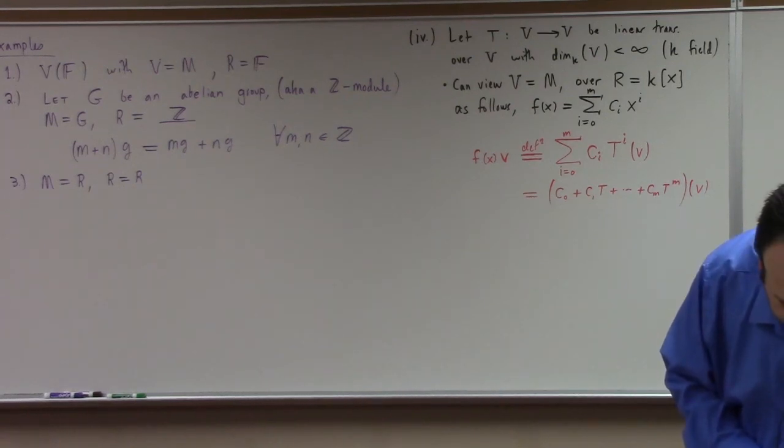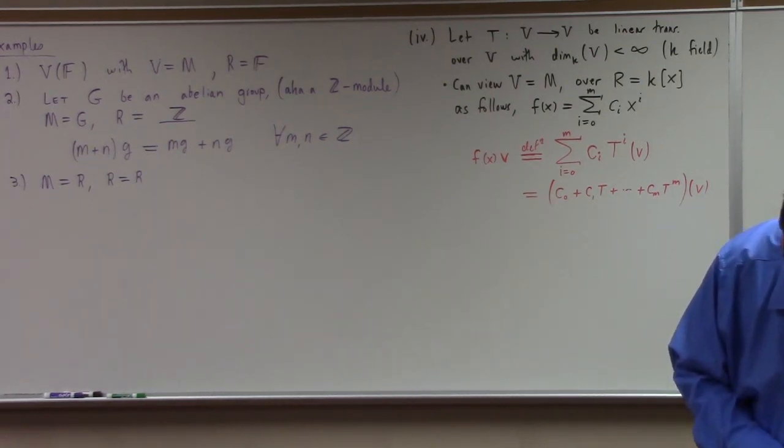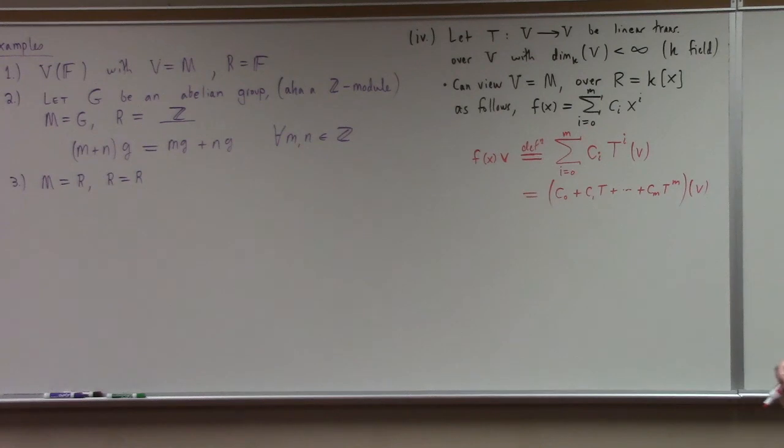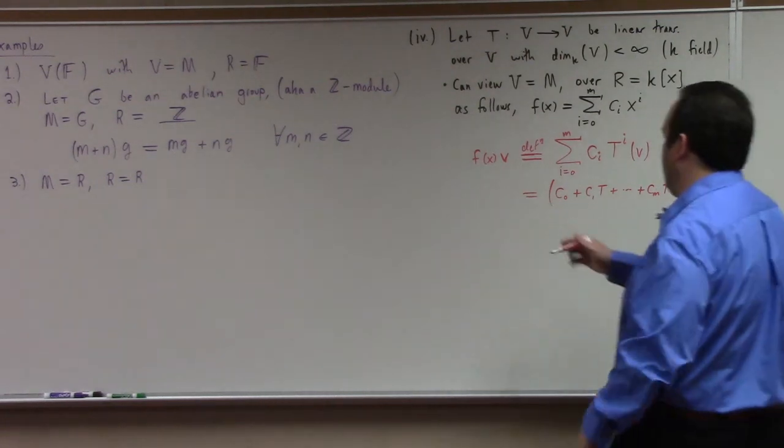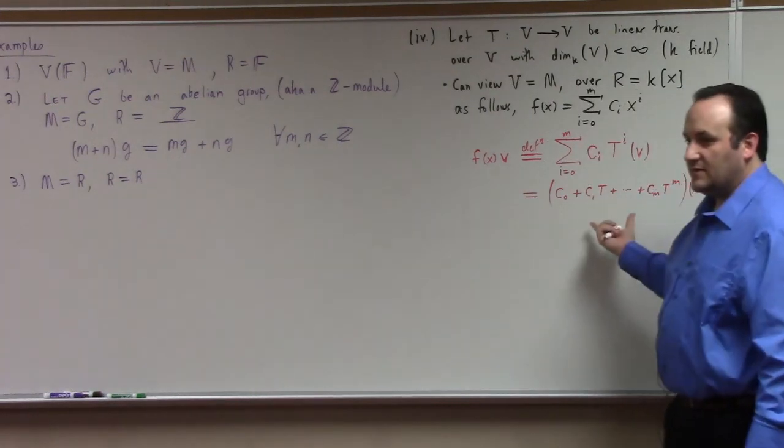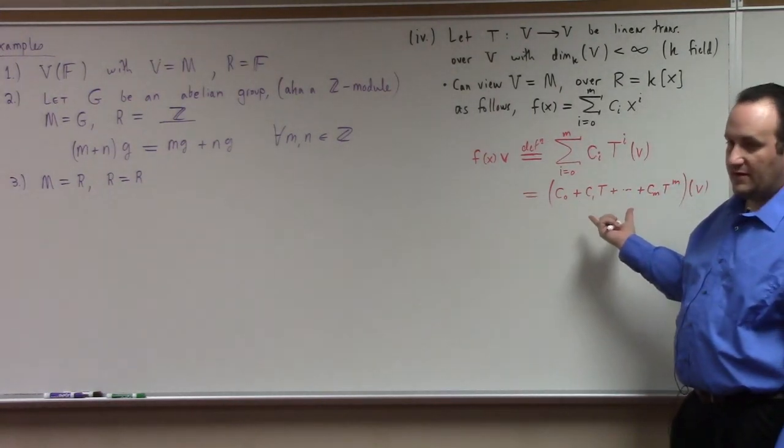And so check it out. Does that give V the structure of a module over the ring of polynomials with coefficients from the field? Certainly if you have the sum of polynomials, it's pretty easy to see that this definition is going to have the right distributive properties.